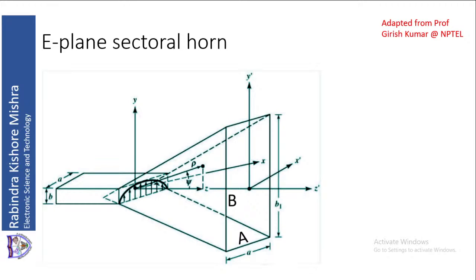Now, because the flaring occurs angularly, there is an angular separation. The aperture opens up, which means there is an angular separation. So from the center axis, which is the z axis, we move towards the y axis by an angle.